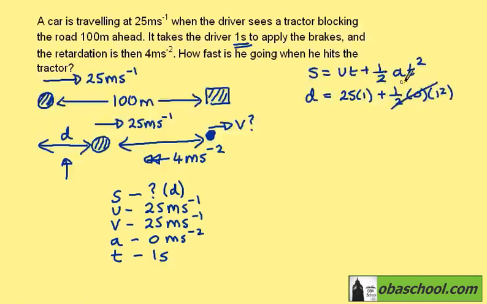The whole of this is going to be 0 because of the 0, and you can see that we're now left with s equals ut. The distance is 25 meters, so we now know d is 25, which means the remaining distance to the tractor is 75 meters.